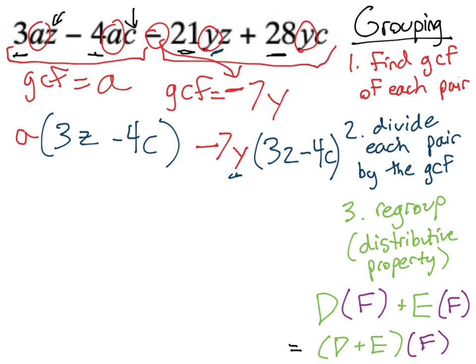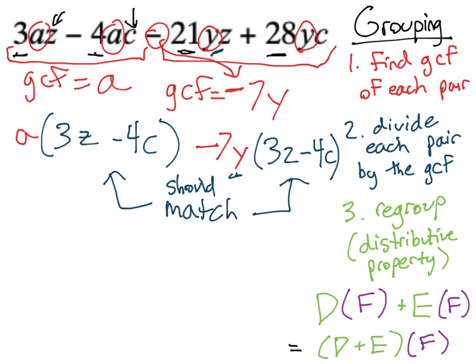At this point, we want to check that what we have left over from each pair after factoring out the GCF should match. We should be dealing with the same set of terms inside each set of parentheses here.